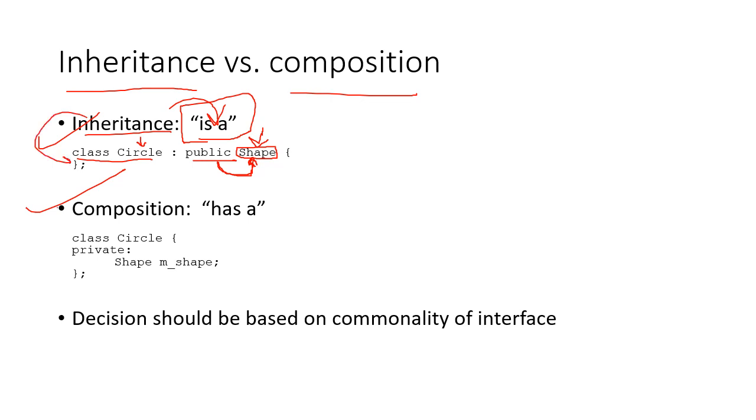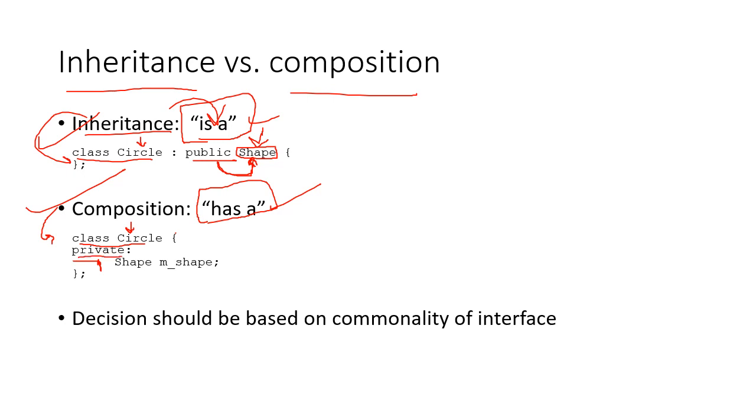Now, what is composition? Composition has an inheritance class. So what is written over here? Class circle, and inside it you will see it can be private, public, or protected.